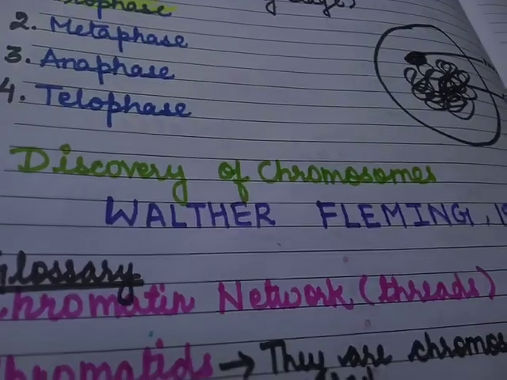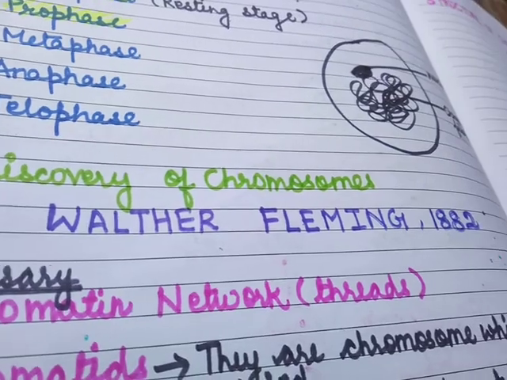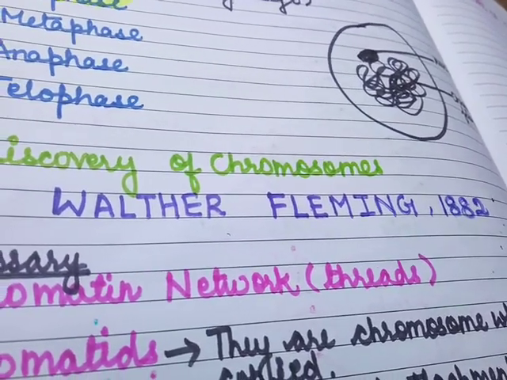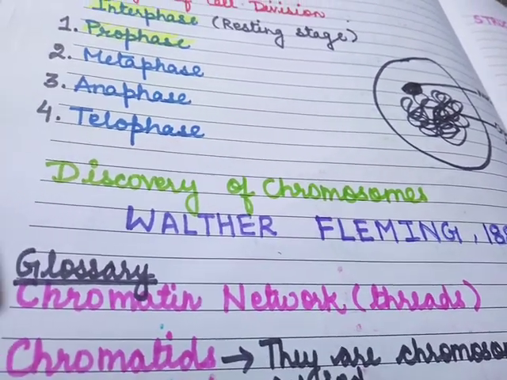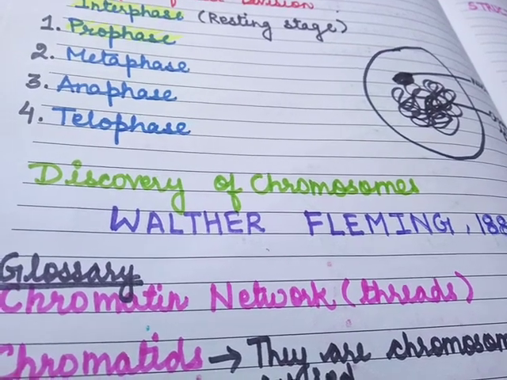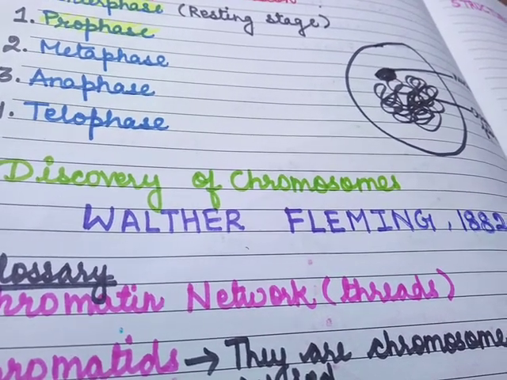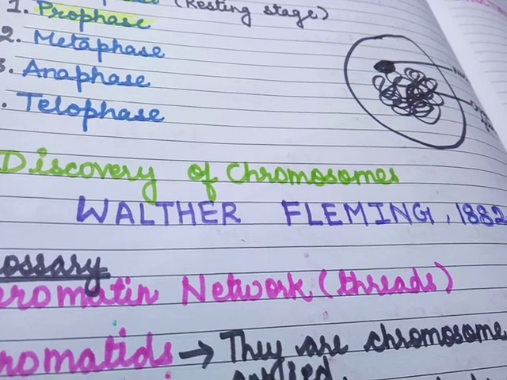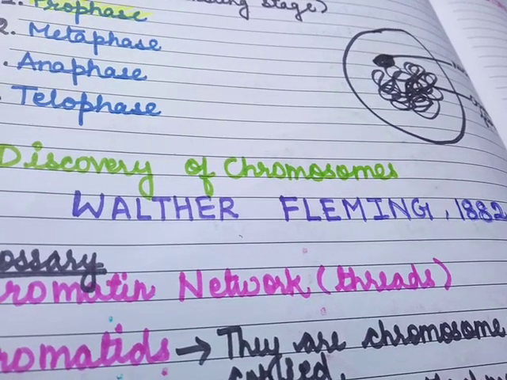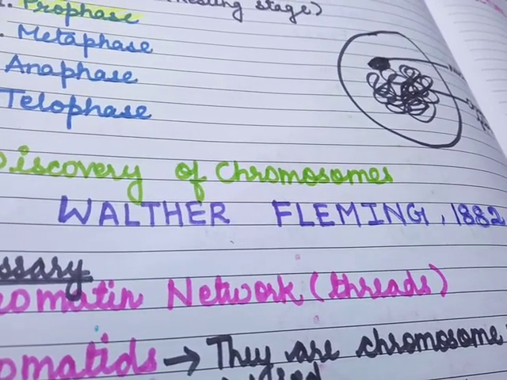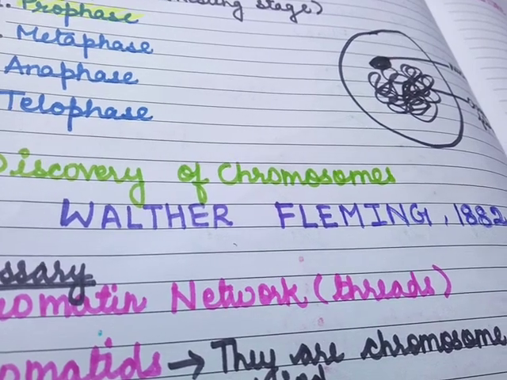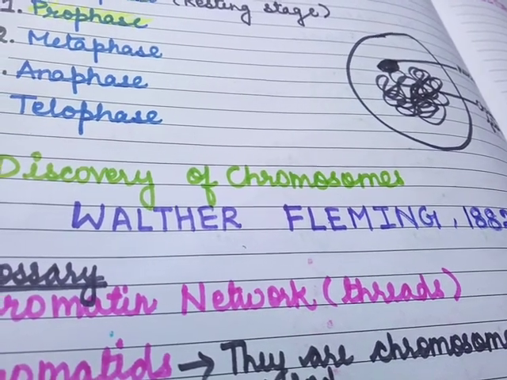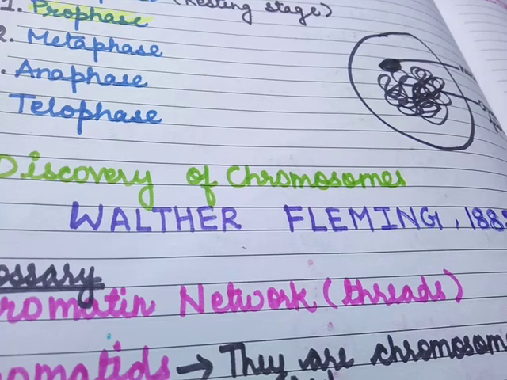Chromosomes were first discovered by Walter Fleming in 1882 in the larvae of salamander. Salamander is an amphibian, and he observed that certain threads were found in its cell.